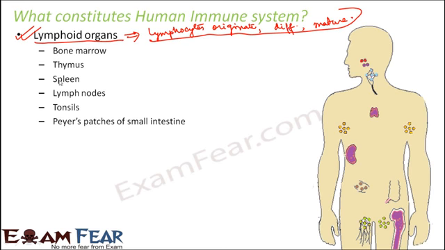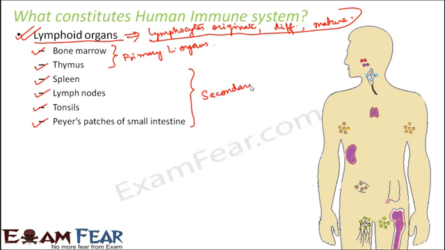Now what are the different lymphoid organs? Bone marrow, thymus, spleen, lymph nodes, tonsils and Peyer's patches of the small intestine. Out of these, bone marrow and thymus are known as the primary lymphoid organs, whereas the other organs like spleen, lymph nodes, tonsils and Peyer's patches are known as the secondary lymphoid organs.